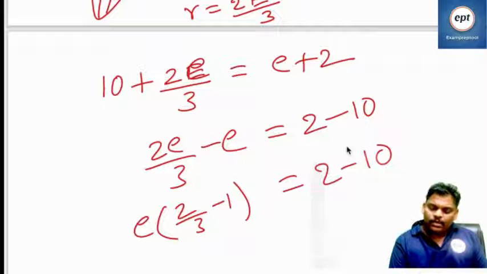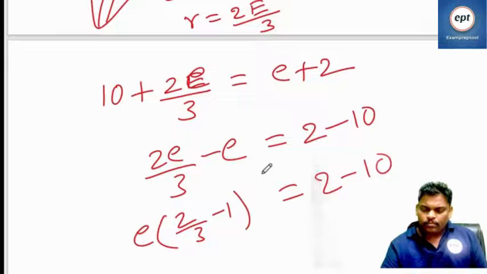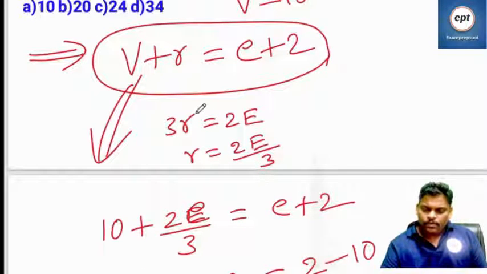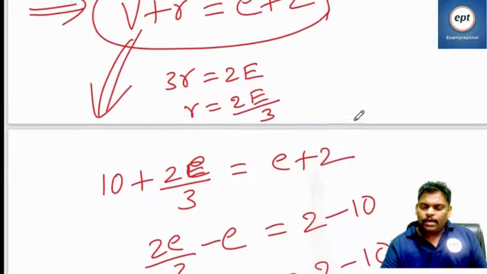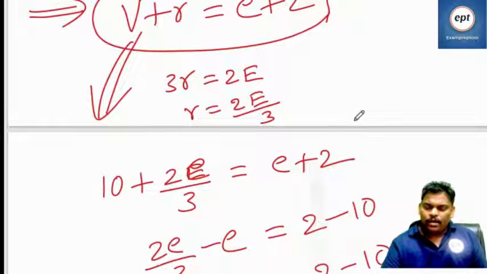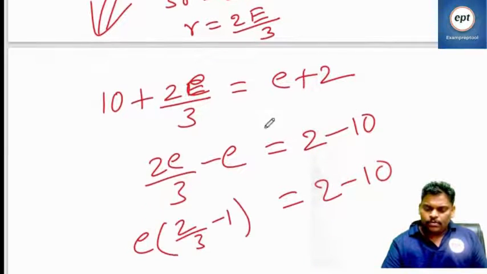Please check if I have done anything wrong. V plus R is equal to E plus 2. 3R is equal to 2E. R is equal to 2E by 3. So V plus R, R is replaced by 2E by 3.